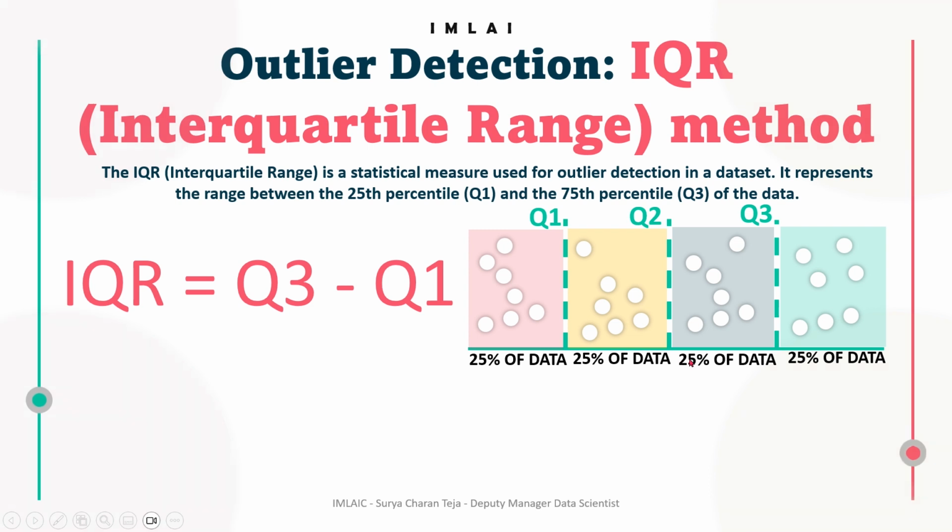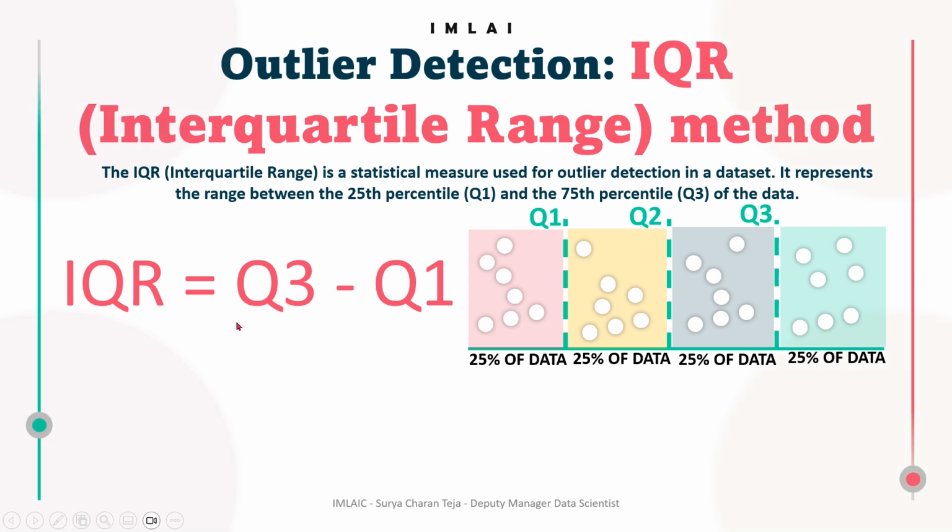You see that 25% plus 25%, total 50%, it captures the middle 50% of the data, excluding the lowest 25% and excluding the highest 25% of the data, these two. Excluding these two, the middle 50% of data will be captured by IQR.